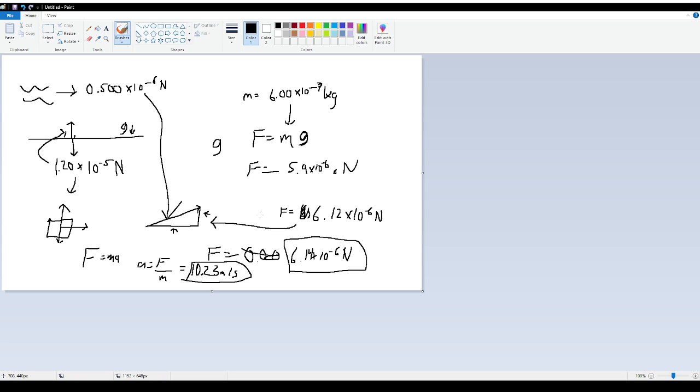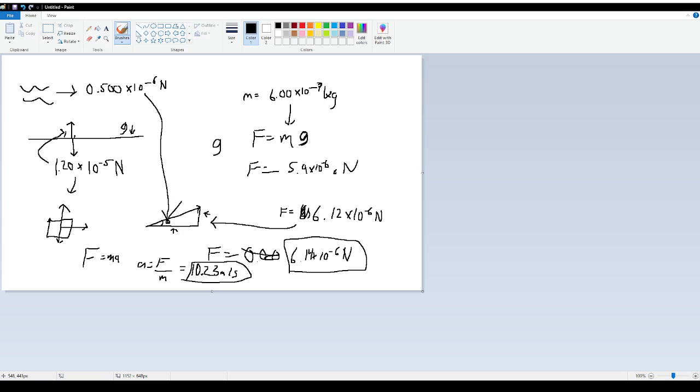That's good. And then from here, you can figure out this angle theta by taking our two previously calculated values. We use TOA, so this is our opposite: inverse tangent of 0.5 times 10 to the negative 6 divided by 6.12 times 10 to the negative 6, in degrees.